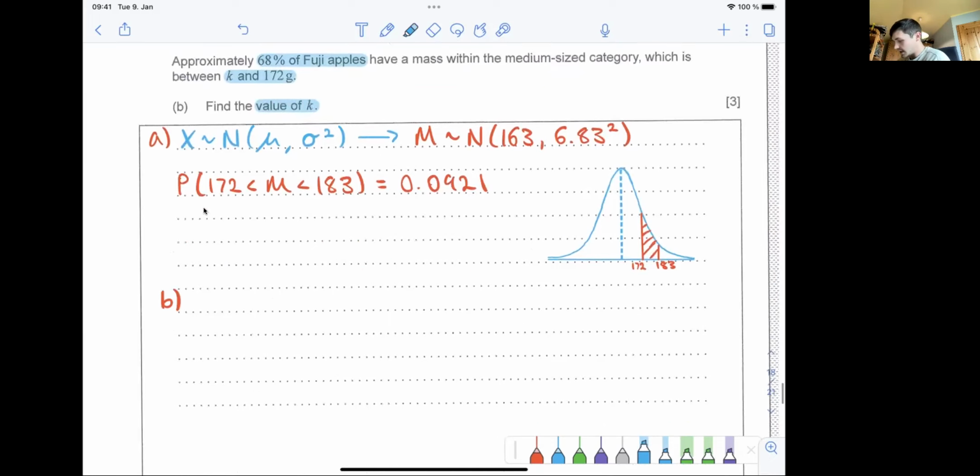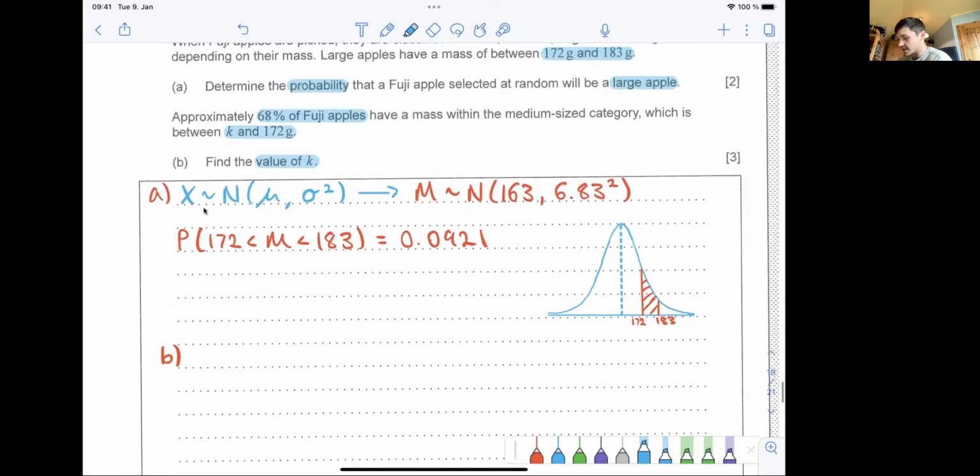So what we've been given in the question is that the probability of a randomly selected apple being between K and 172 grams is equal to 0.68.